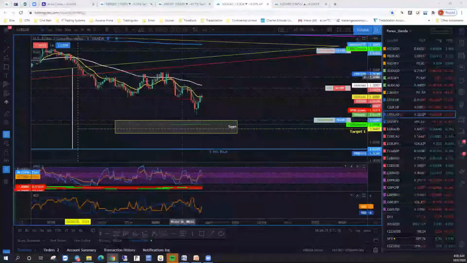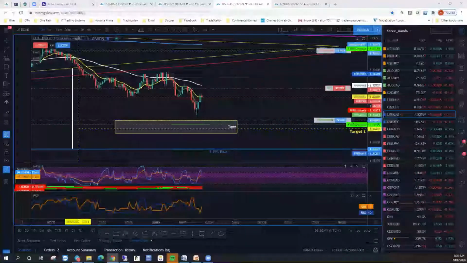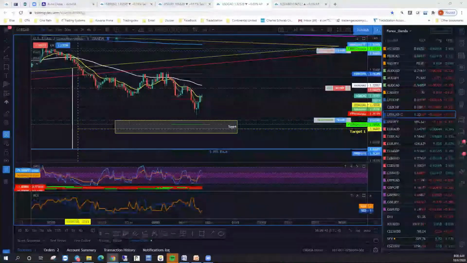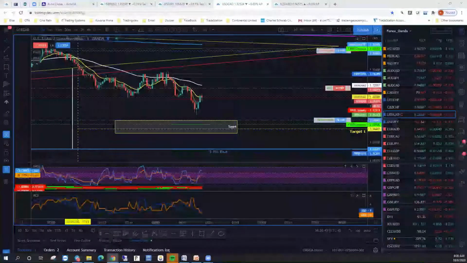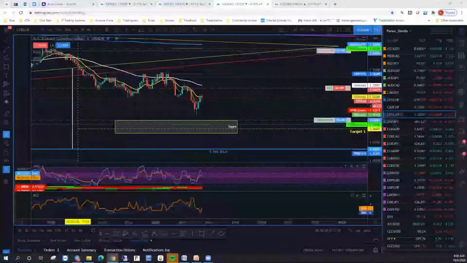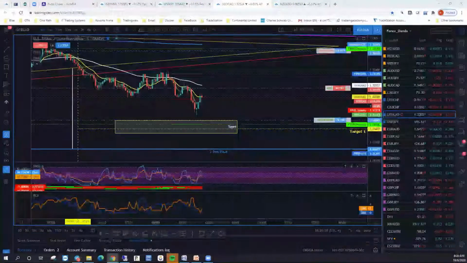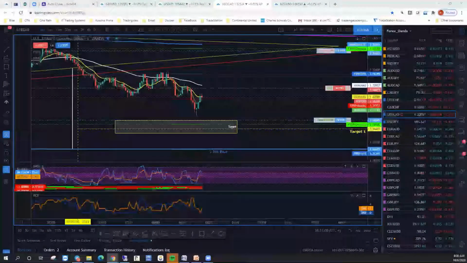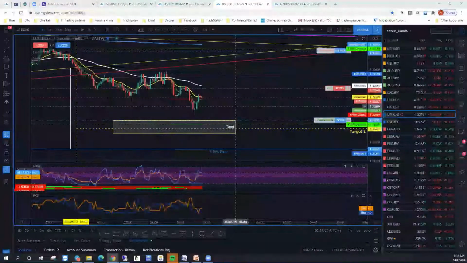Right now, it's nowhere near a place where I'm concerned about it turning around. Do you think it's going to be a short? I still think it's short, and right now there's nothing that will change my mind on this. We'll see who prevails on this one.